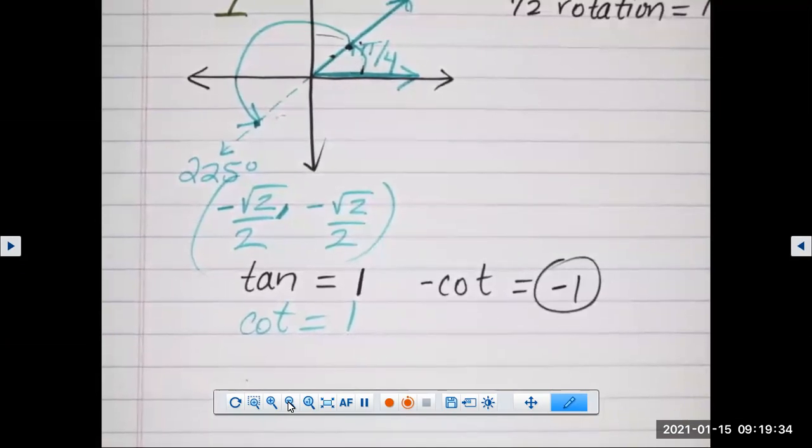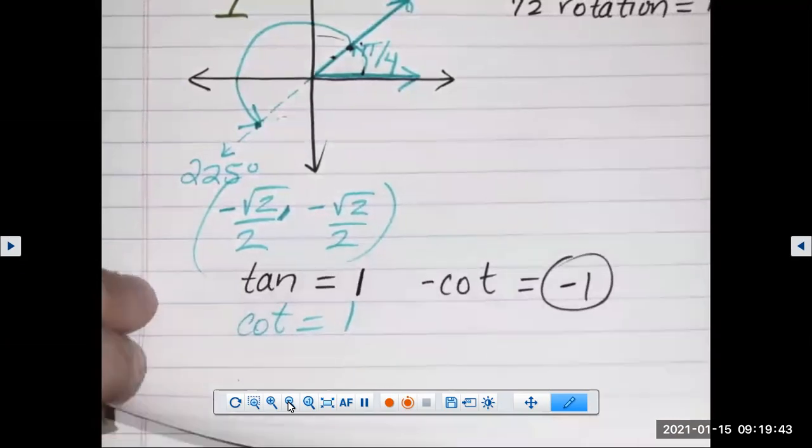All right, now that we have looked at how to use the unit circle, there are identities that are very important that you know them.